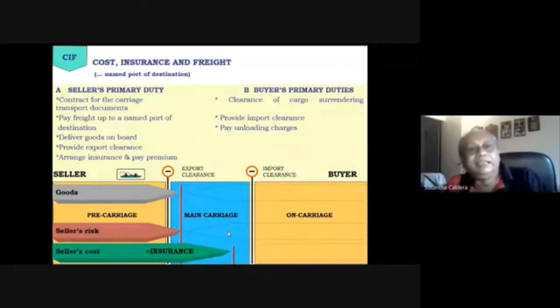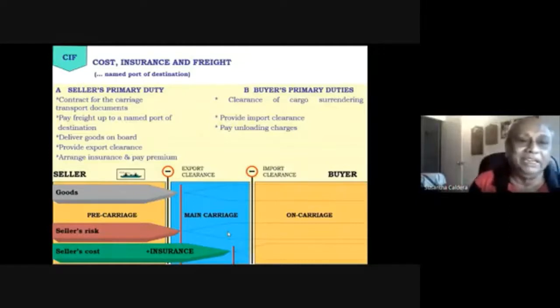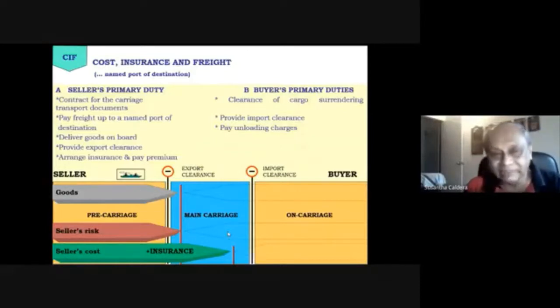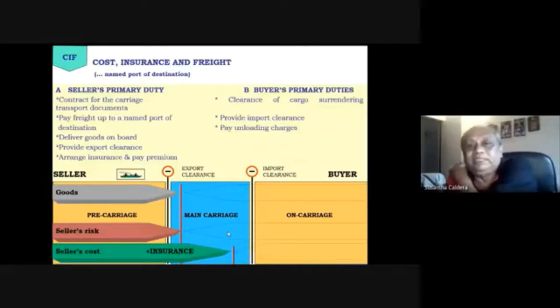Right? In CIF, the seller's primary duty is everything: carriage, insurance, freight, manufacturing, all of it. Export clearance, arrange insurance, pay premium, everything. Then the buyer's primary duty is clearance of cargo, surrendering the DL, providing import clearance and paying unloading charges.